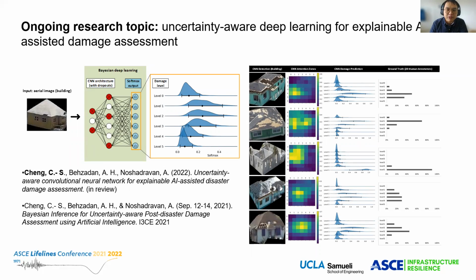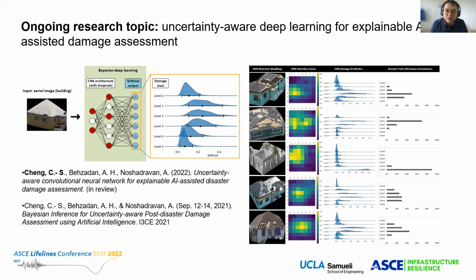So one of our ongoing research projects is to create an uncertainty-aware deep learning model using Bayesian inference for damage assessment. The input of the CNN model is building images, and the output is the softmax distributions with confidence intervals. So this can help us to rigorously quantify the uncertainty of the damage assessment result, as shown in the figure on the left-hand side.